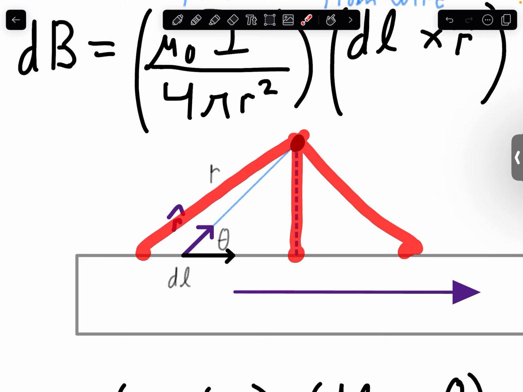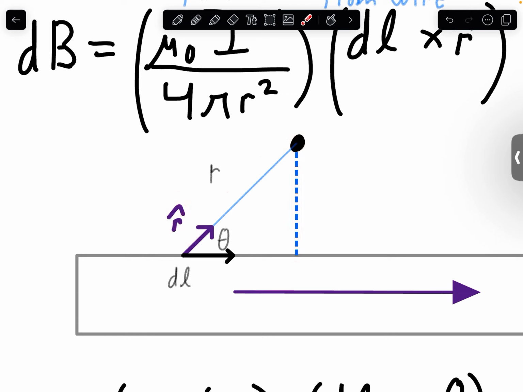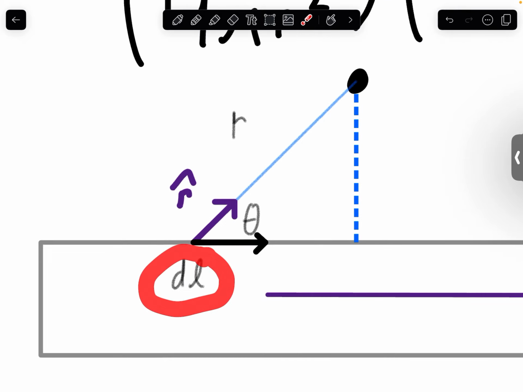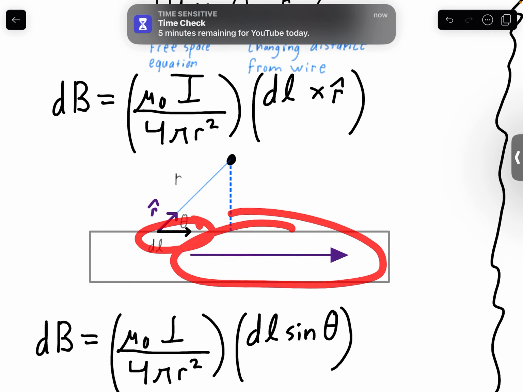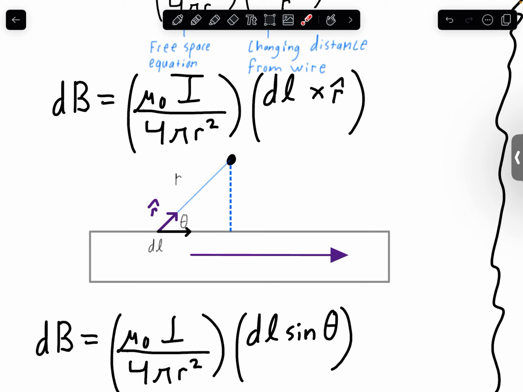So this vector r, this cross product, tells us just how perpendicular the magnetic field is from our point to our chosen object, in this case a wire. And this r is the distance, by the way. And this dl tells us that we're choosing an infinitesimally small piece of wire to look at, and it also tells us the current direction. In this case, we're going with the current. I hope that made sense.